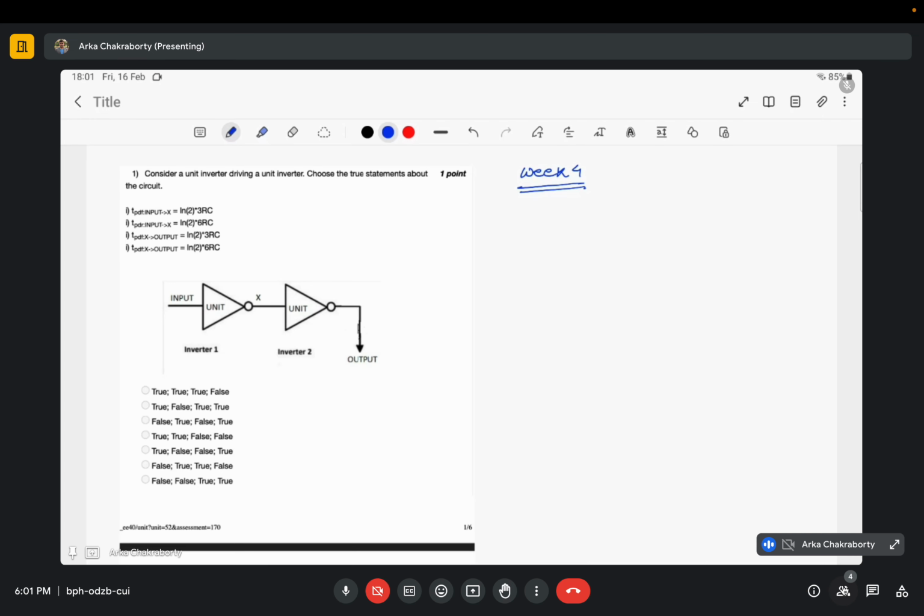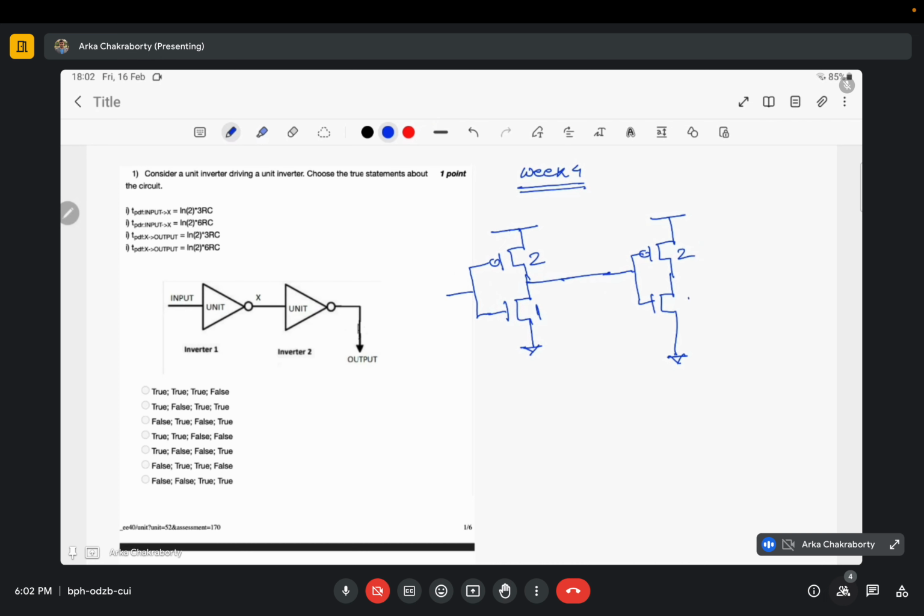Okay, then let me draw the inverters first. So I have two unit inverters.